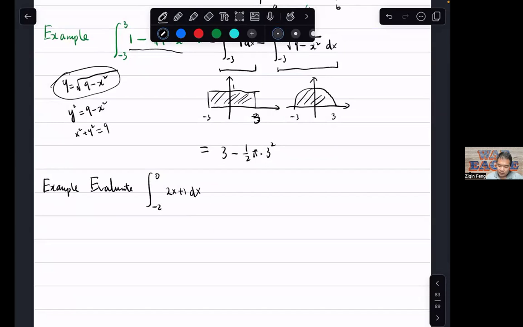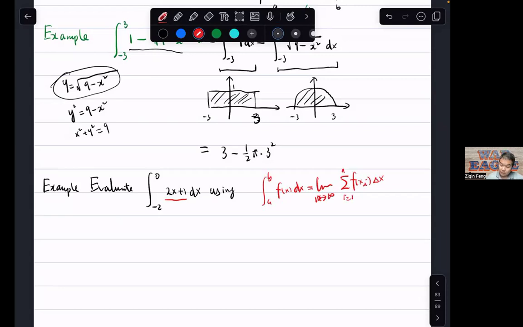Because the function is continuous, the integral will always exist. If the integral exists, you can use the limit as n goes to infinity of the summation of f of xi times delta x, i from 1 to n. Let's try to use that to evaluate this.